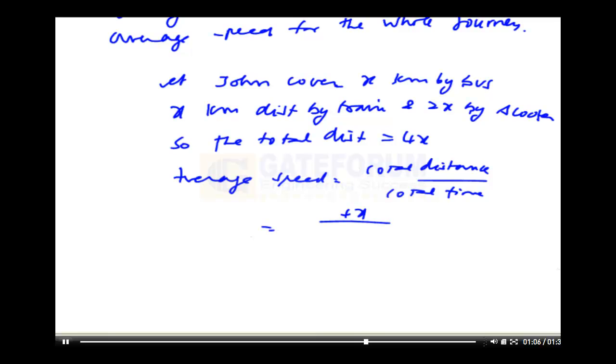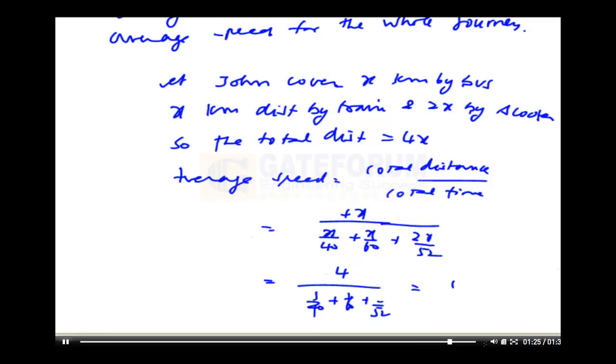That is 4x by x at 40, another x at 60, returning to s at 52. So cancelling x, you get 1 by 40, 1 by 60. So that will work out to 49.92 kilometers per hour.